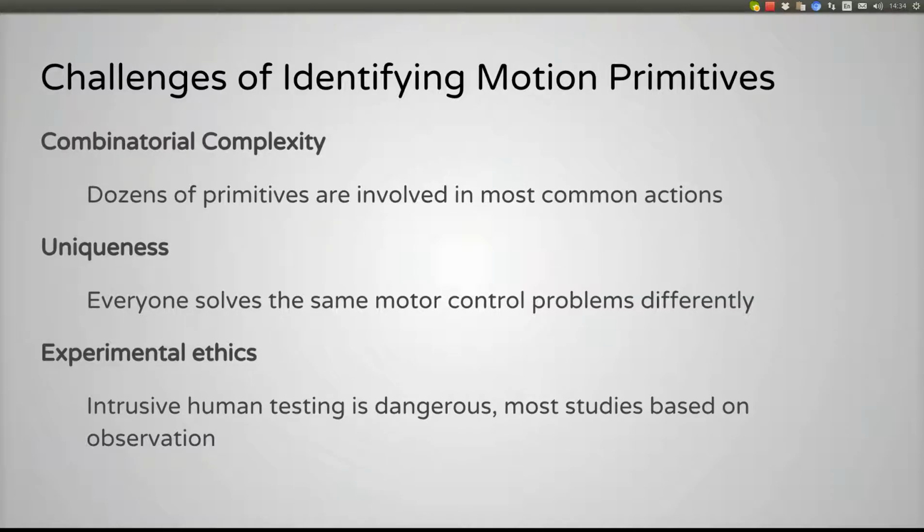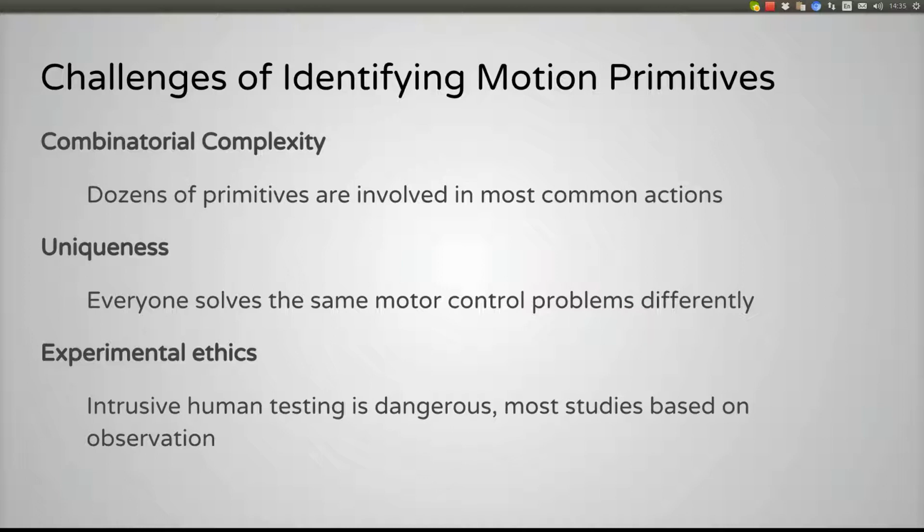So there's a problem with motion primitives. First of all, if we look at a single action, there's a combinatorial complexity. There might be dozens of motion primitives involved in some of the most common actions. If I measured people picking up cups of coffee or using some sort of motion resistance rig, everyone will probably do things differently.